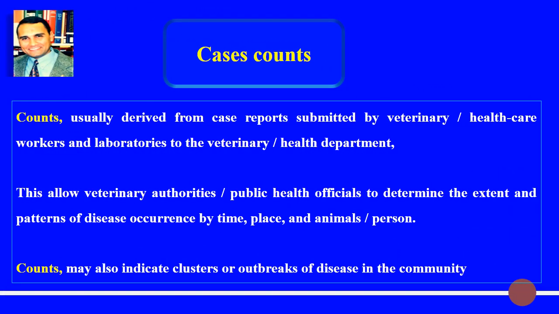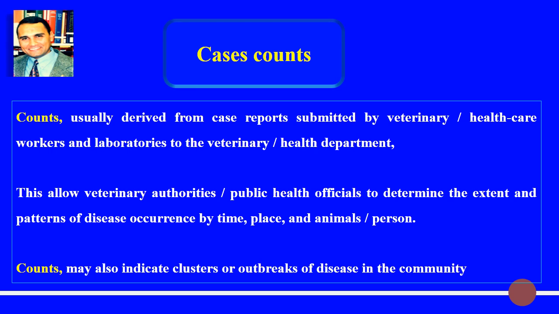One of the basic tasks in infectious disease studies and public health studies is identifying and counting cases. These counts are derived from case reports submitted by veterinarians, healthcare workers, and human medical laboratories or veterinary animal laboratories to both the veterinary department and the human health department.